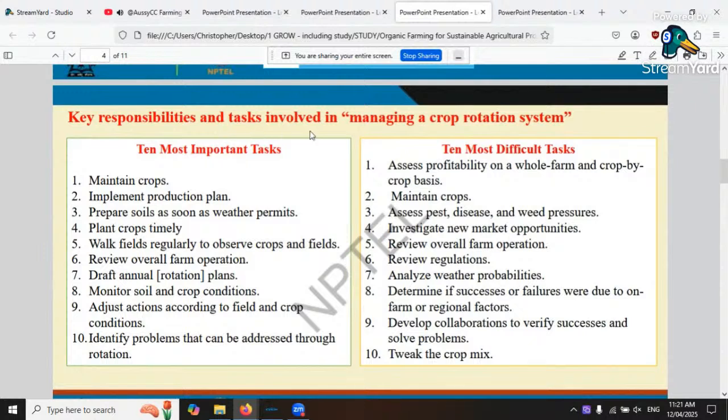Key responsibilities and tasks involved in managing a crop rotation. So they're the problems and things you might run into. I'm not going to read them all. A lot of them are self-explanatory, but there are 20 of them there. If you're really interested, you might want to read through them.